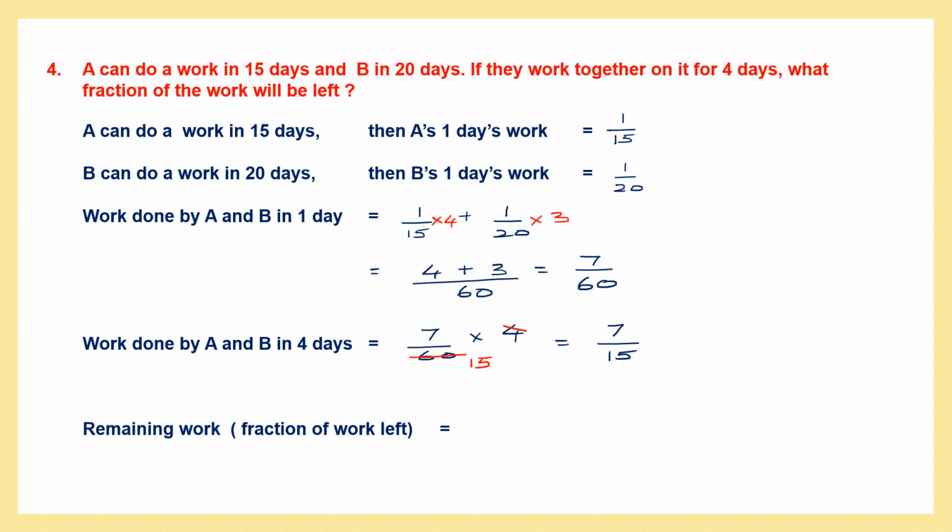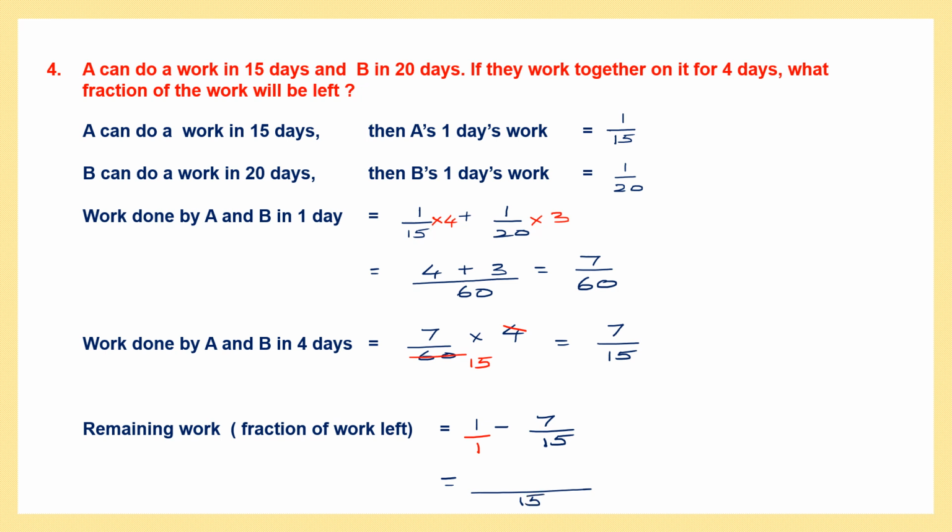We should always take the total work as 1. Now this is the work done by A and B in 4 days. If we have to find the remaining work, we have to subtract it from the total work, and total work is taken as 1. So 1 minus 7/15. Here 1/1. Let's find the LCM. The LCM here is going to be 15.